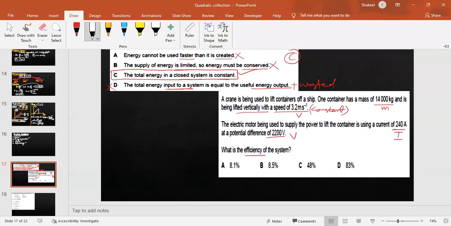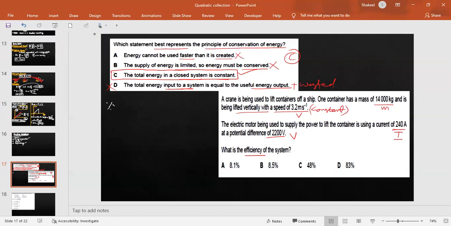Well, this is about efficiency. As all the answers are given in percentage, percentage efficiency is output power over input power times 100. Now we have to see what the output power is. Output power is actually motive power, which is the product of force and velocity, and input power is the electrical power, which is the product of current and voltage.